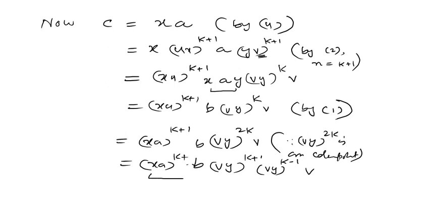Now this is equal to b, it's k plus 1 here. So it's equal to b times vy power k minus 1 v.